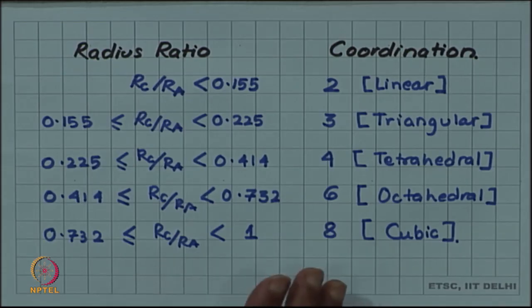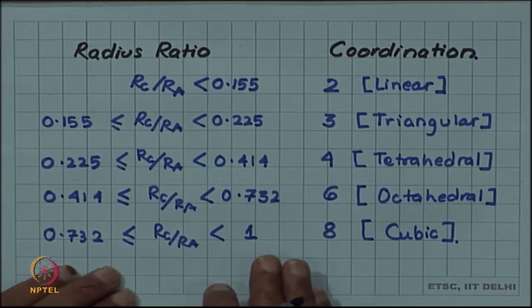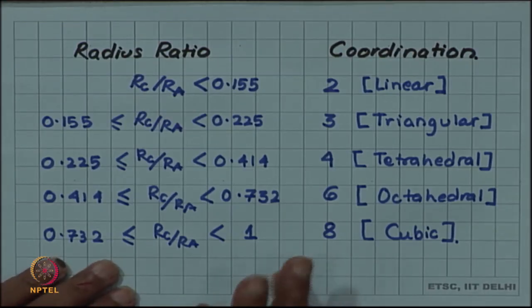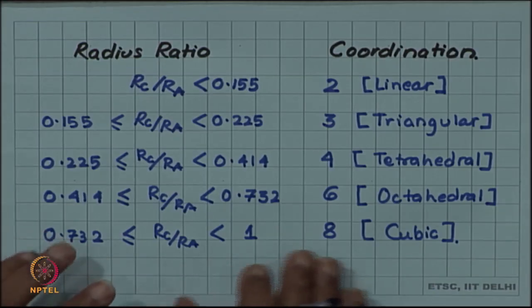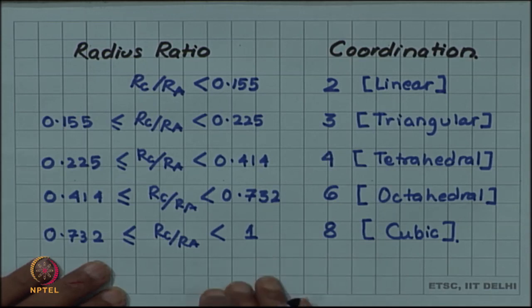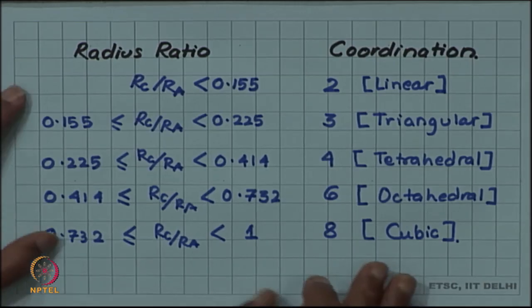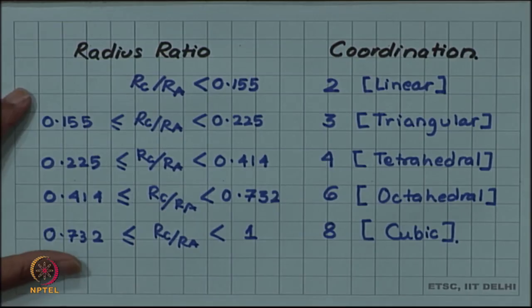You do not take this as some sort of fundamental law which has to be always true, but it is a kind of rough prediction based only on the geometrical size of the cation and anion. You know that the crystal structure or the bonding is a much more complex and many more phenomena happens, but this is a simple geometrical formulation which helps us in predicting the coordination number according to just the size ratio of cation and anion.